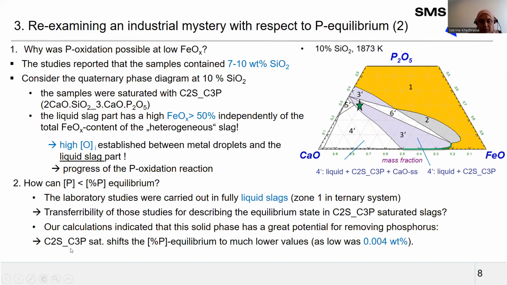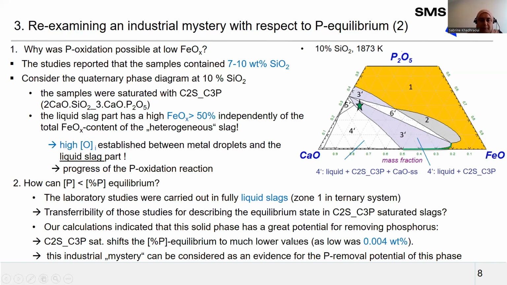And we found out that this phase shifts the phosphorus equilibrium to a much lower value compared to the fully liquid or lime saturated slag, which does not contain the solid solution. For us, we could find values as low as 40 ppm at similar conditions. So 70 ppm was not a contradiction. So this is the explanation for the industrial mystery, and we do consider this as evidence that this solid phase can remove phosphorus in the industrial process.